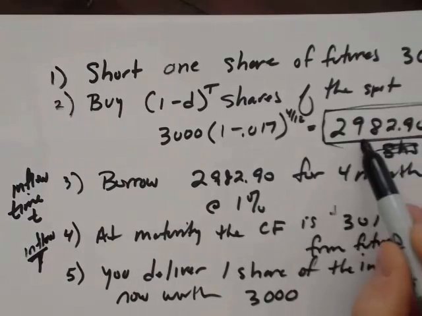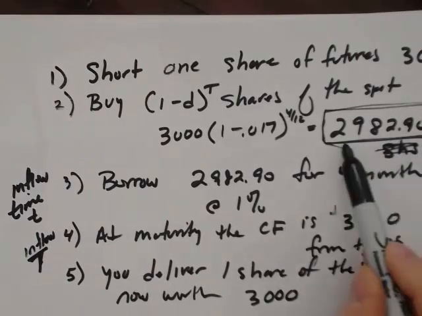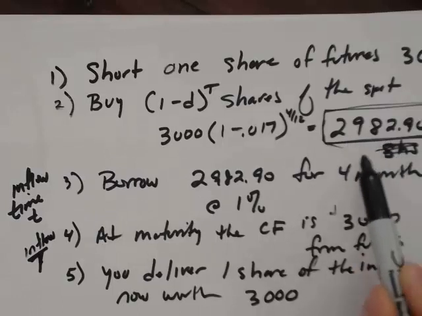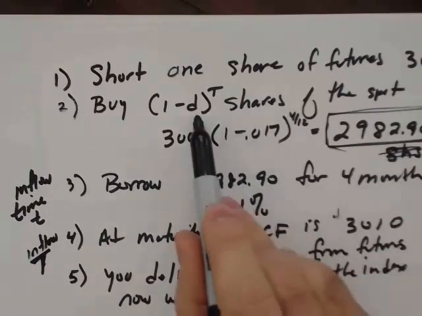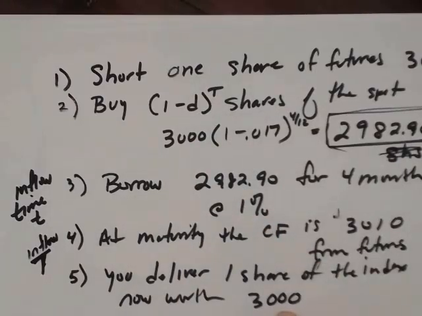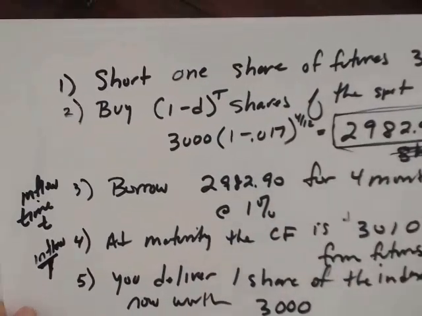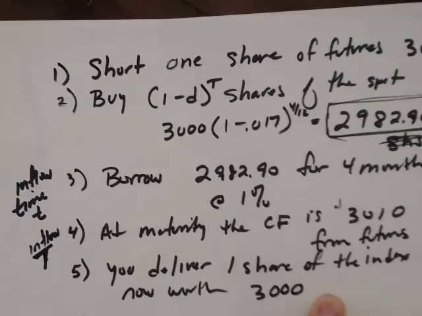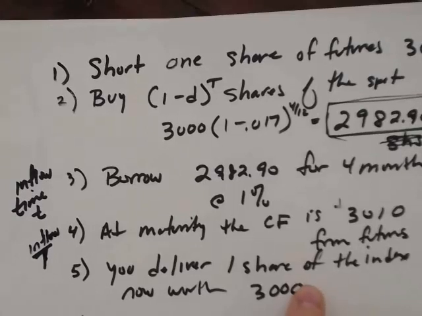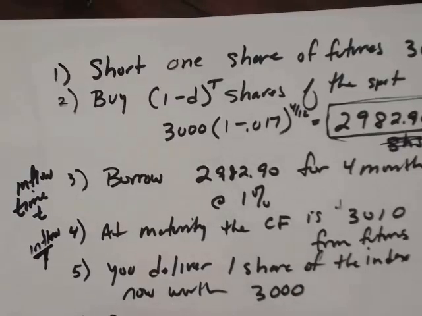Okay, so there you have it right here. This 2982 grew, remember, grew through dividends, grew to $3,000. Now part 6. So you just fulfilled the futures contract that you were obligated to do. Now what you do is you repay the borrowing.